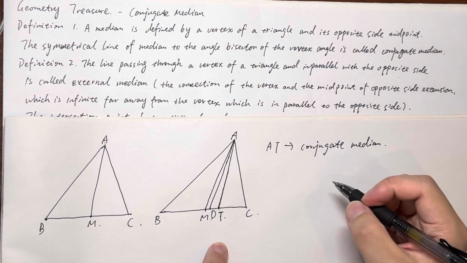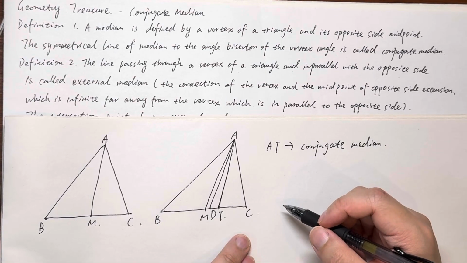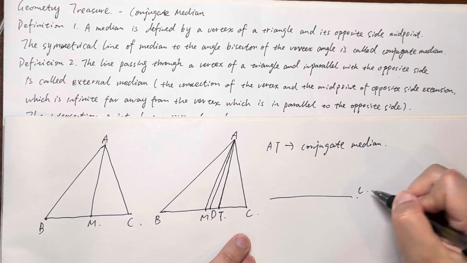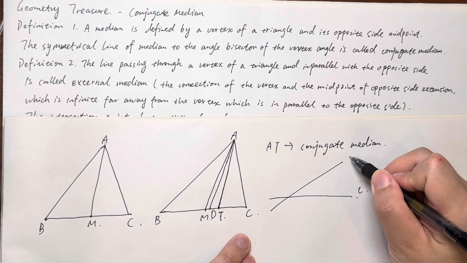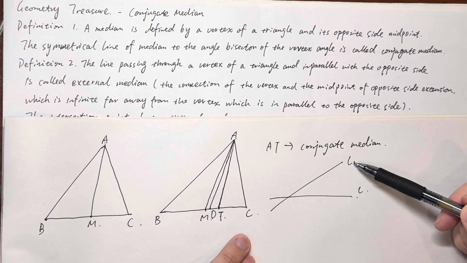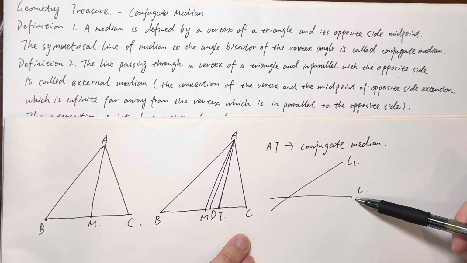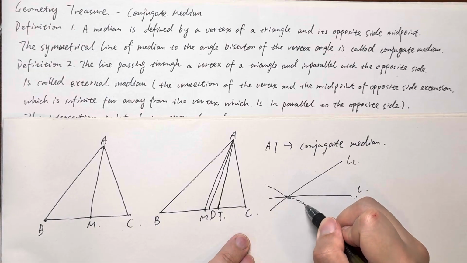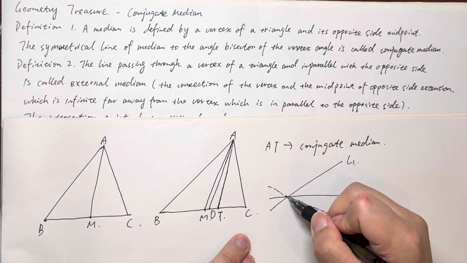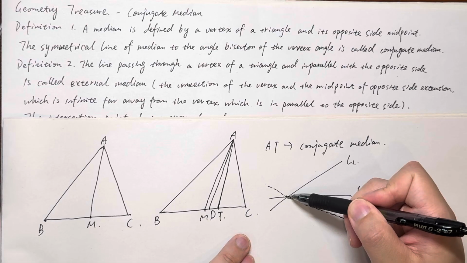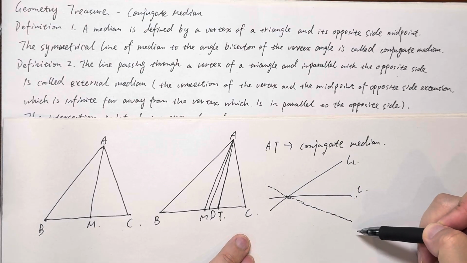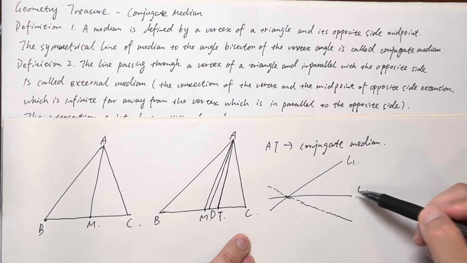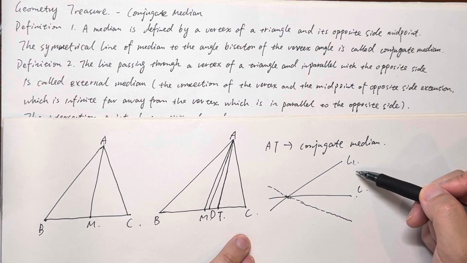So here we need to demonstrate one thing. What is the symmetrical line of one line to another? Assume you have one line here, let's call it L, and we have another line here, L1. What is the symmetrical line of L1 to L? Except for the intersection point, every other point on the symmetrical line would be on the opposite side of the line L compared to L1.